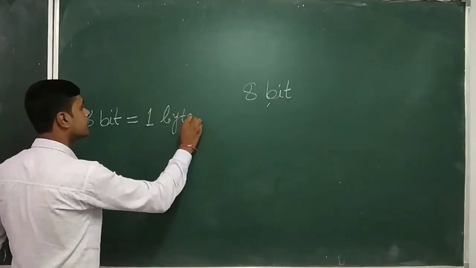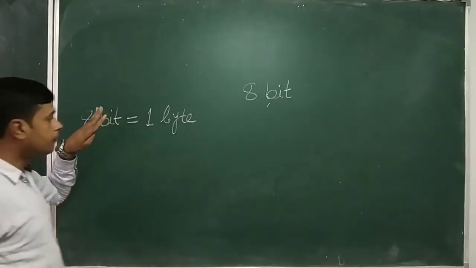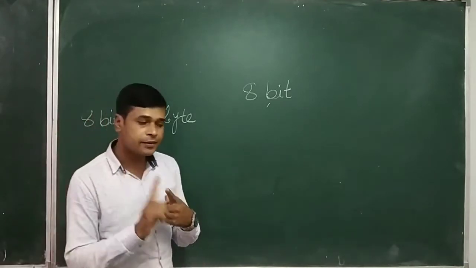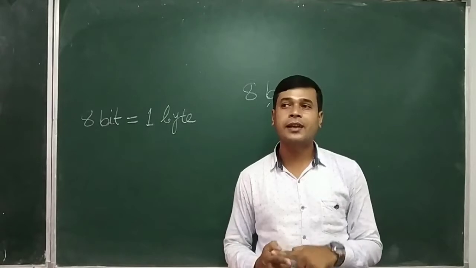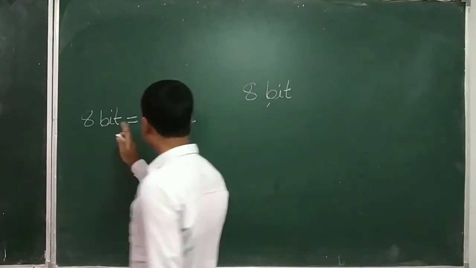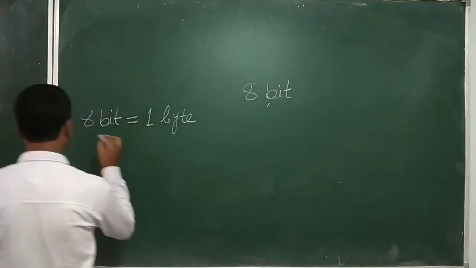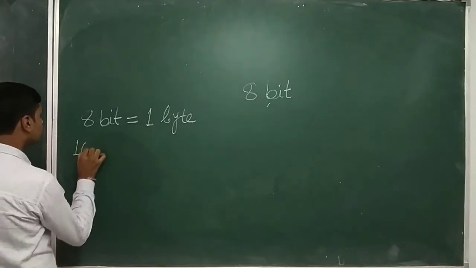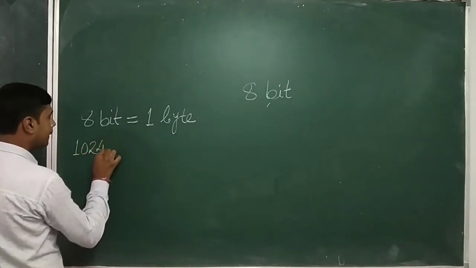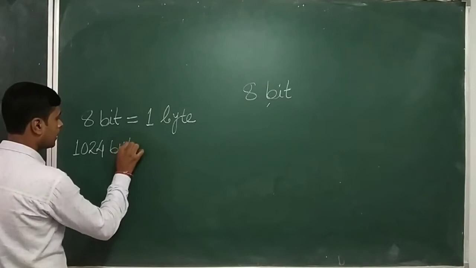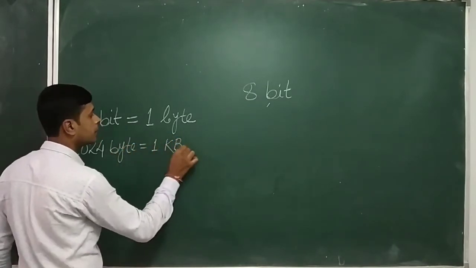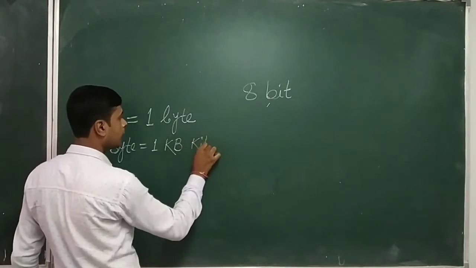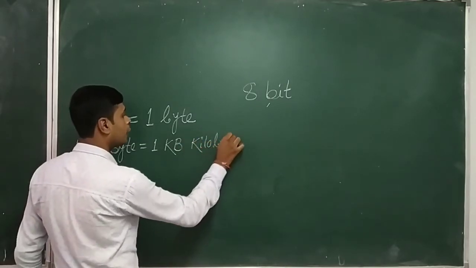The different memory measuring units are byte, kilobyte, megabyte, gigabyte, terabyte, etc. So 8 bit is equivalent to 1 byte. Next, 1024 bytes is equivalent to 1 KB. KB means kilobyte.